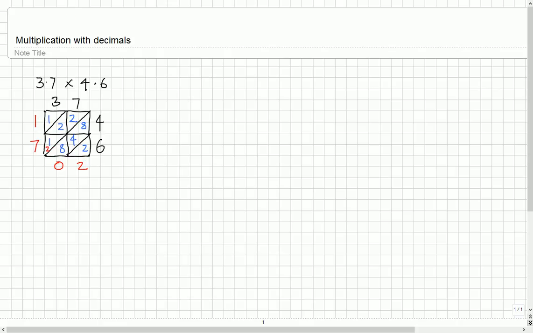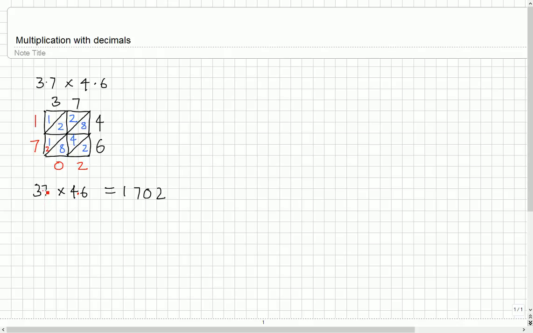So what we've worked out so far is that 37 times 46 is 1702. And that wasn't the original question. We need to put these decimal points back in. So let's have a look. This decimal point was there, 3.7, and that decimal point goes there, 4.6. We count up the number of decimal places in the question.